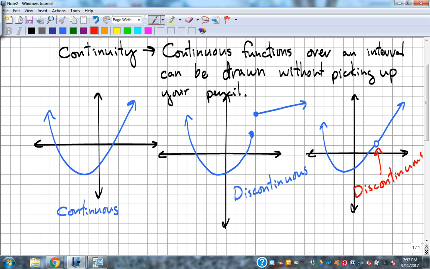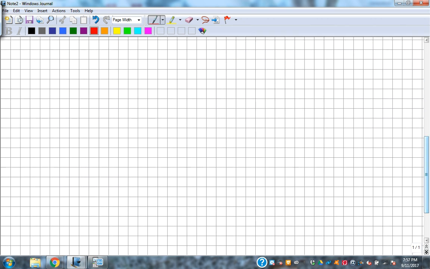All right. Now, let's look at some basic functions and some information about them. Okay, so, basic functions. The first one, we'll call this the identity function.